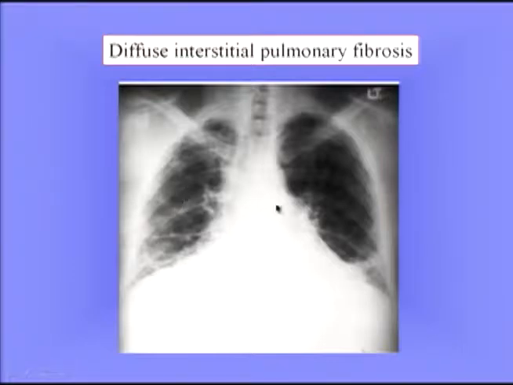But if you look very carefully, and I'm not sure you can see them in this reproduction, you'll find that there is also a diffuse shadowing of small spots throughout both lung fields. That's typical of diffuse interstitial pulmonary fibrosis. Now the next image is a nice image.